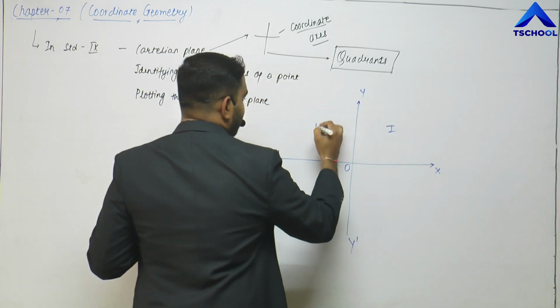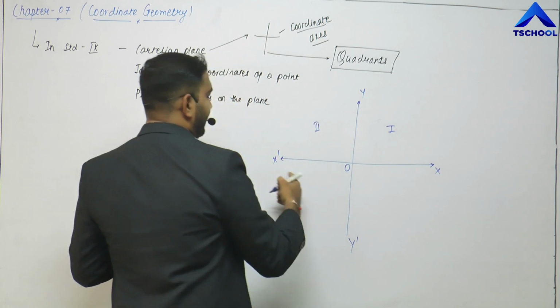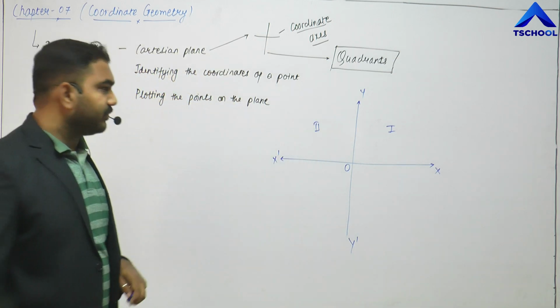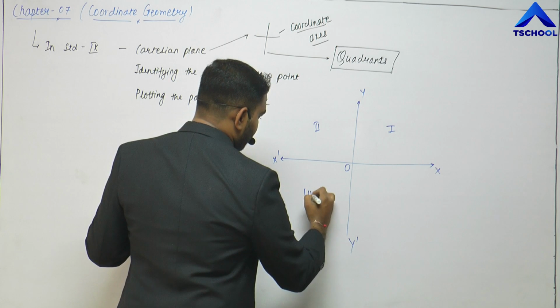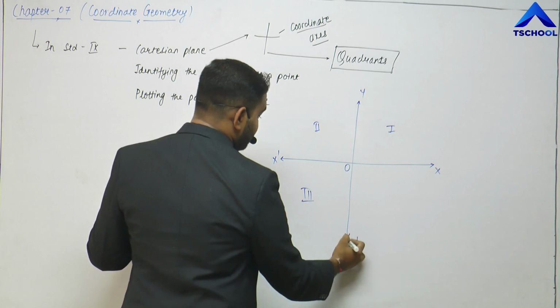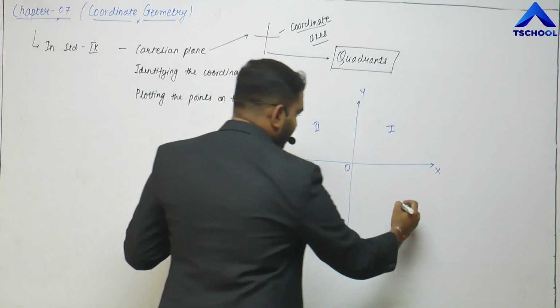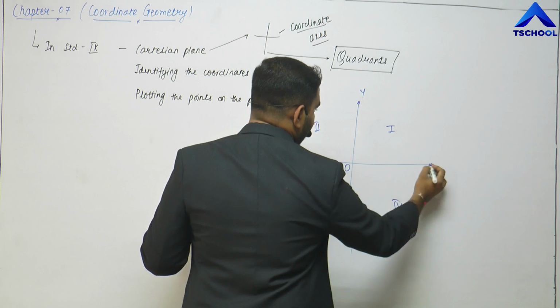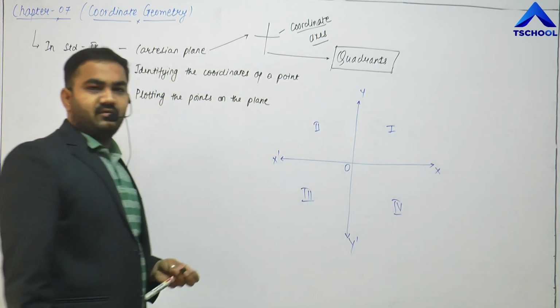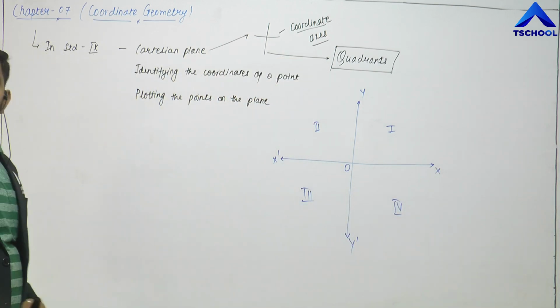Similarly, we had the second quadrant that is made up of negative x and positive y. Then we had the third quadrant that is made up of negative x and negative y. And then we had the fourth quadrant made up of positive x and negative y, right? So that was about the basic things, the Cartesian plane.